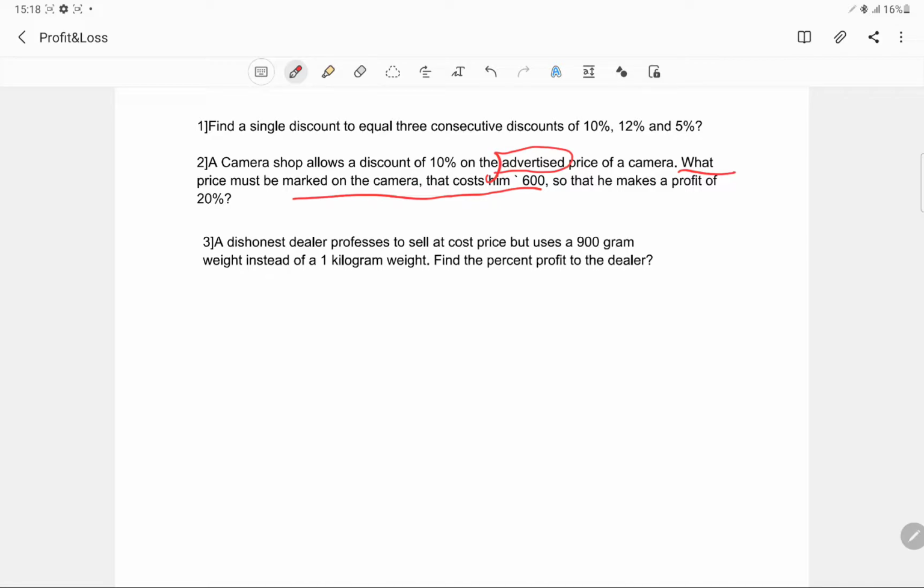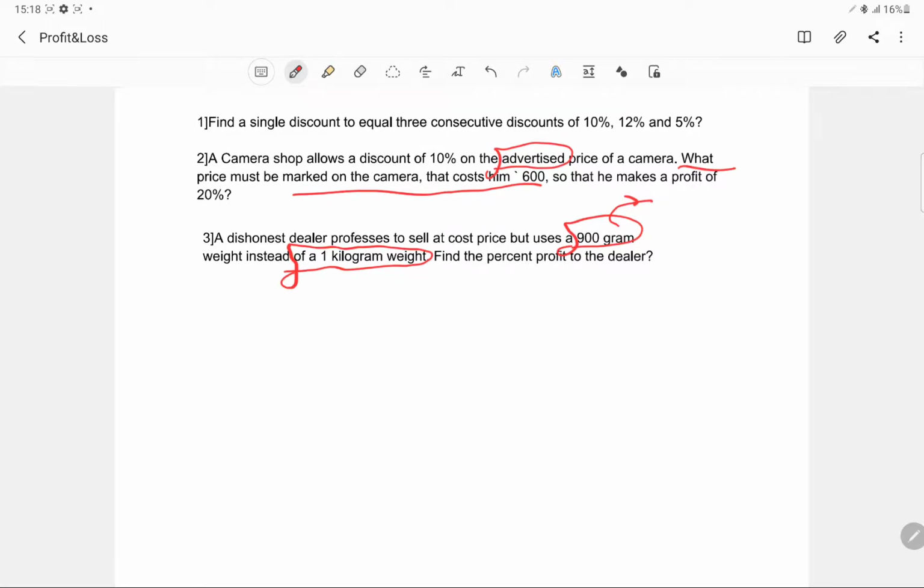The second way is that you can cheat in terms of the quantity. For instance, he had to sell 1 kilogram of fruit, but he ended up selling 900 gram of fruit. Even if he is selling at the same price as the 1 kg weight, he will still have a profit because he is selling a lesser amount.